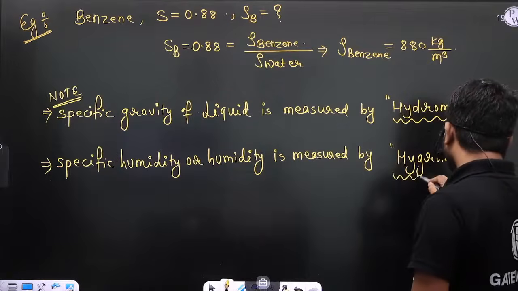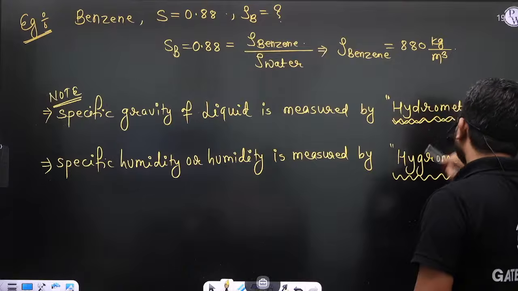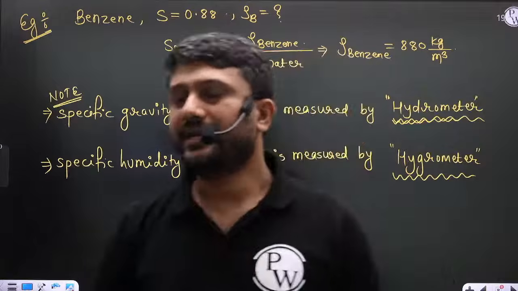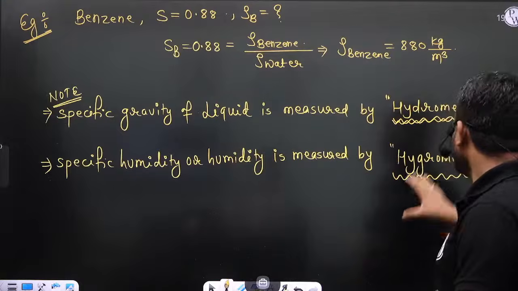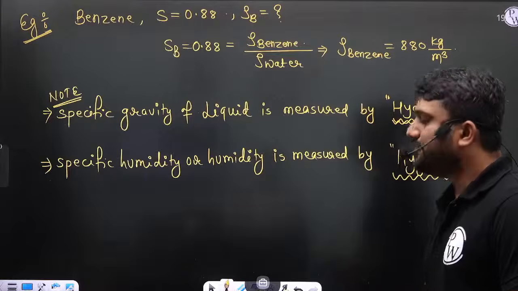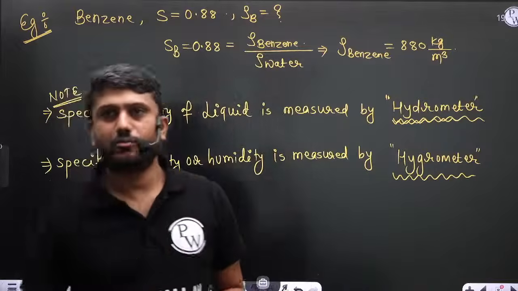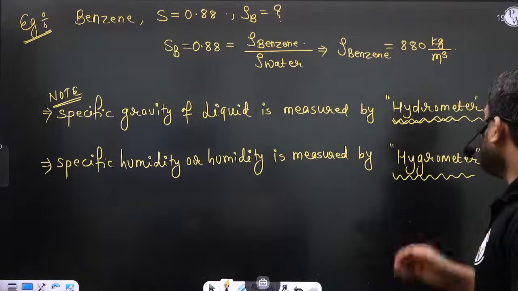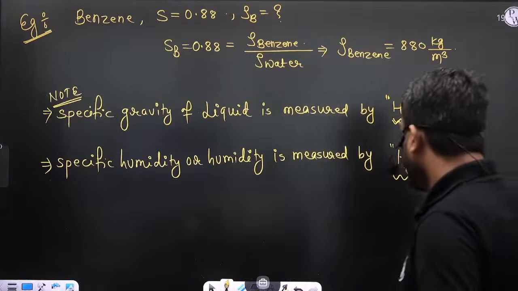So don't confuse between the hydrometer and the hygrometer. Hydrometer is used to measure the specific gravity of liquid, whereas hygrometer is used to measure the specific humidity or moisture content present in the air.